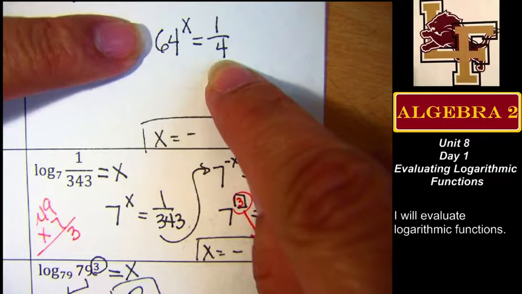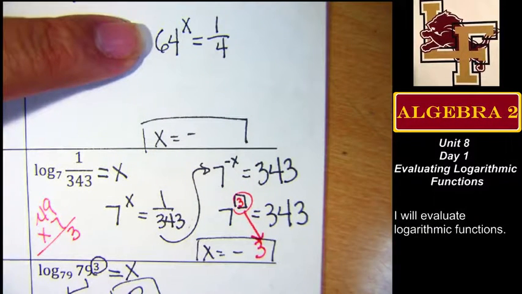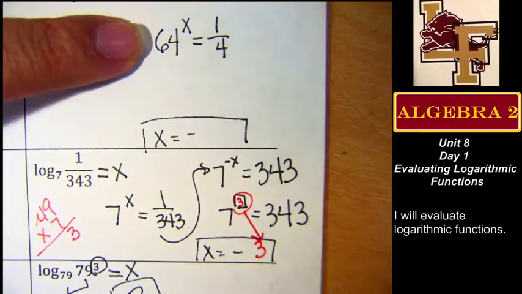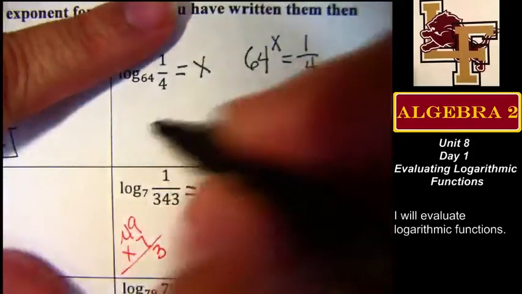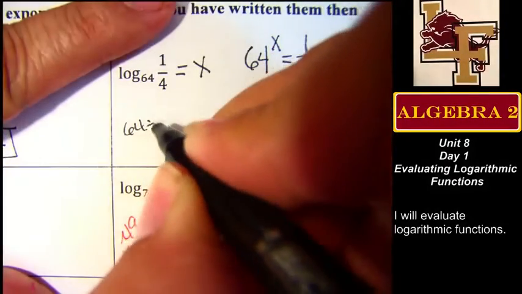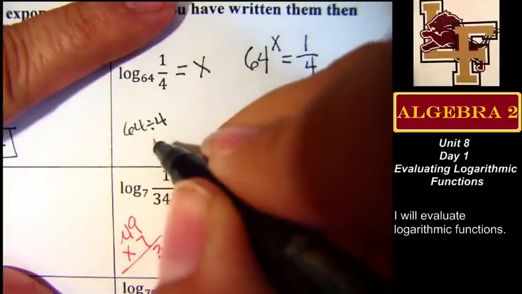So instead of thinking about multiplication, I'm going to think division. How many times do I divide 64 by 4 to get to 1? All right, so we're going to do 64 divided by 4. This is my first division.